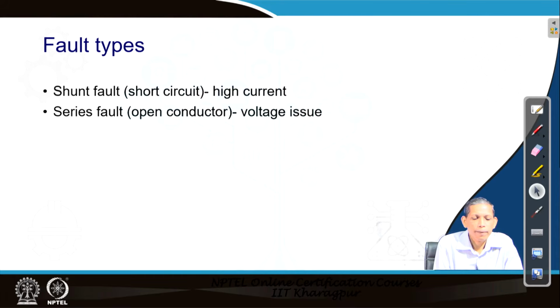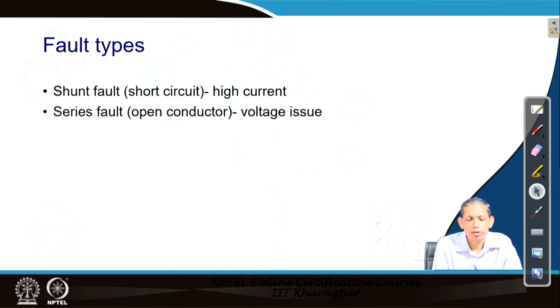Faults can be categorized into different types. In one way, we can call them shunt fault or series fault. Shunt fault is the short circuited path, an unwanted path through which the current flows, that results in very high current.